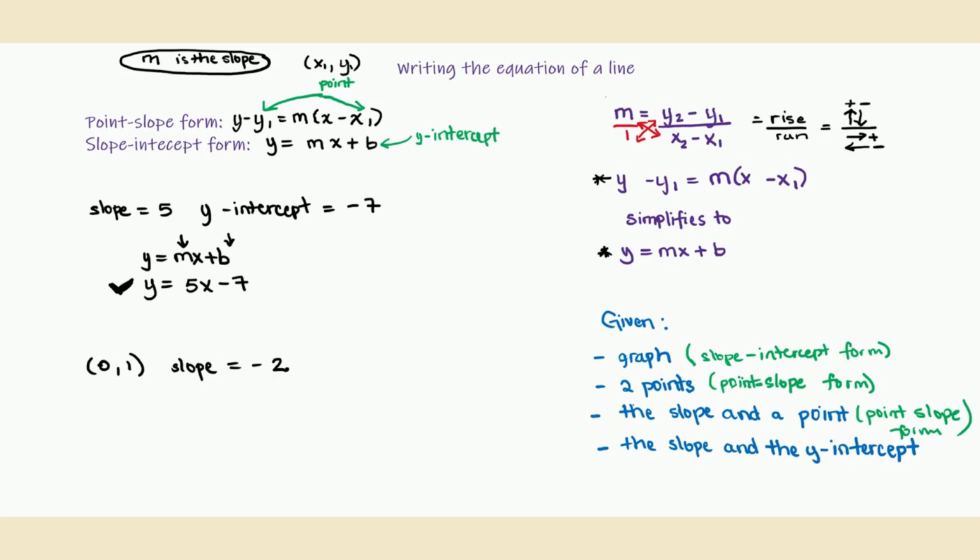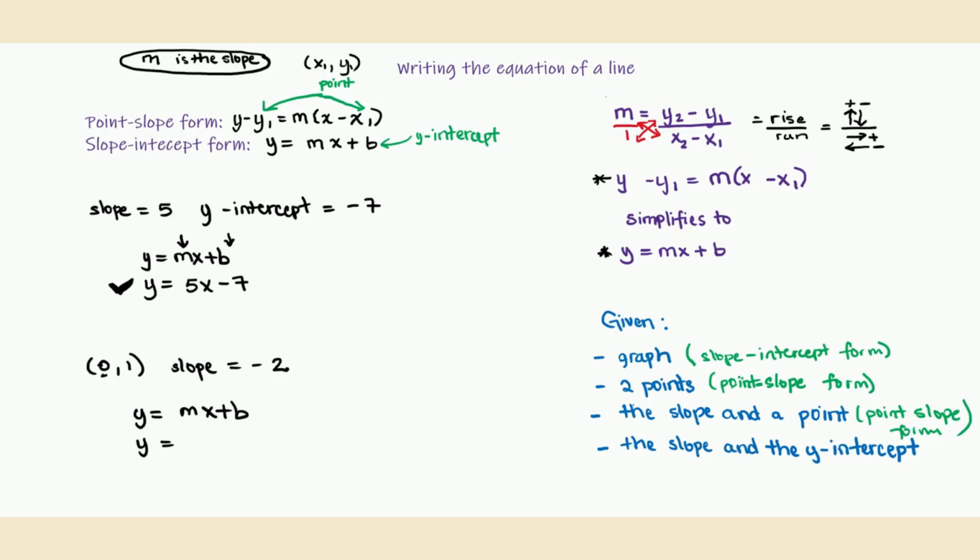This, however, looks like a point-slope question because I have the point 0, 1 and the slope of -2. If you do not recognize that this point actually represents the y-intercept, then you can surely include that in your point-slope form and you'd be done. But if you recognize that this is your y-intercept because x is 0, then you can simply fill it in just like you did before.